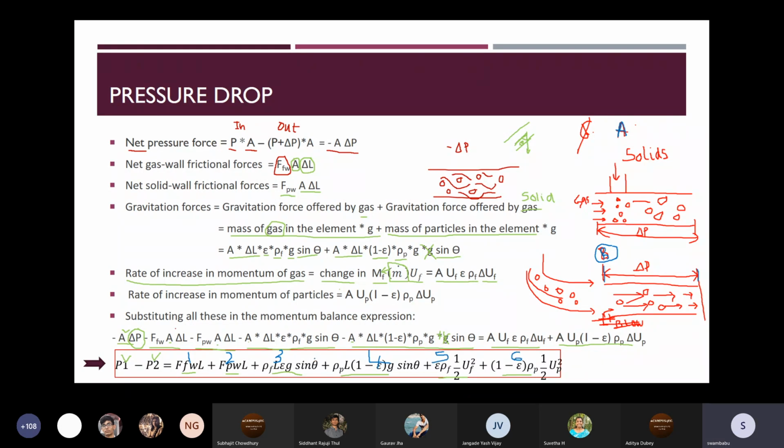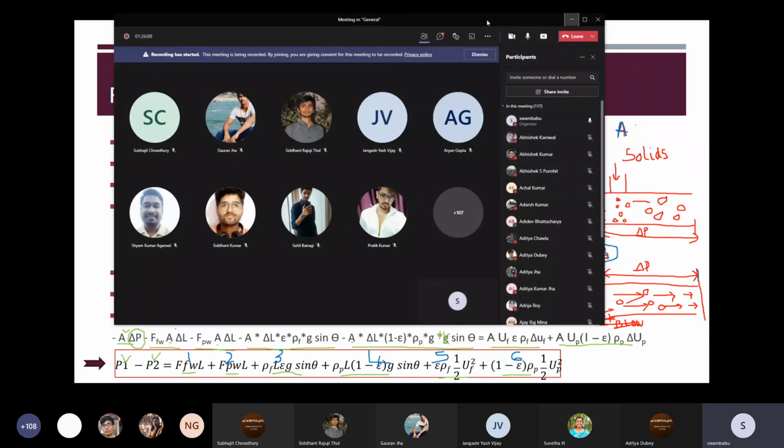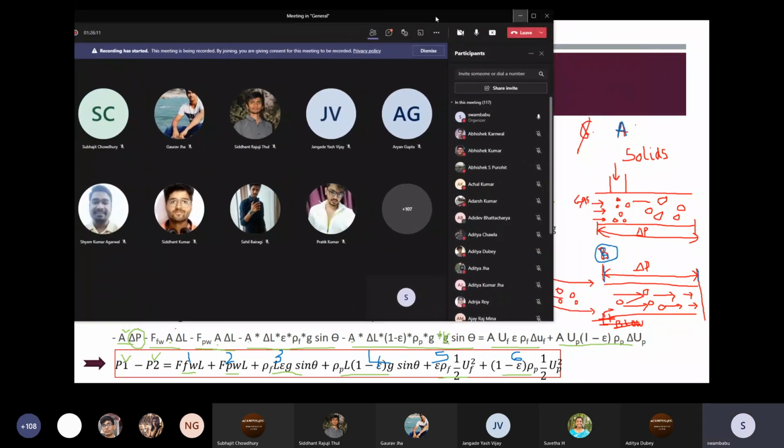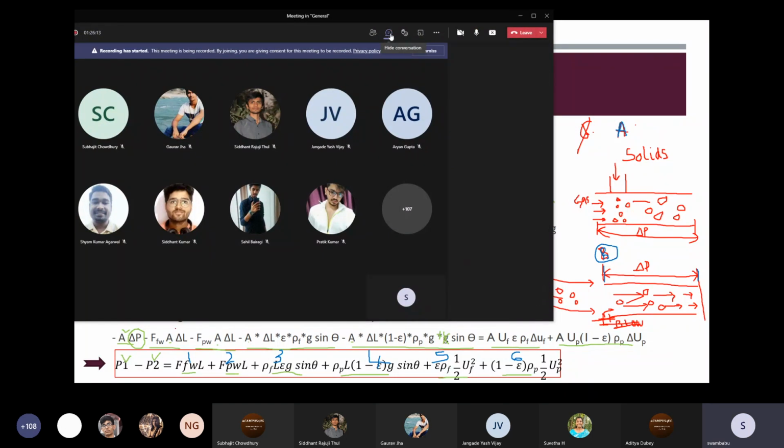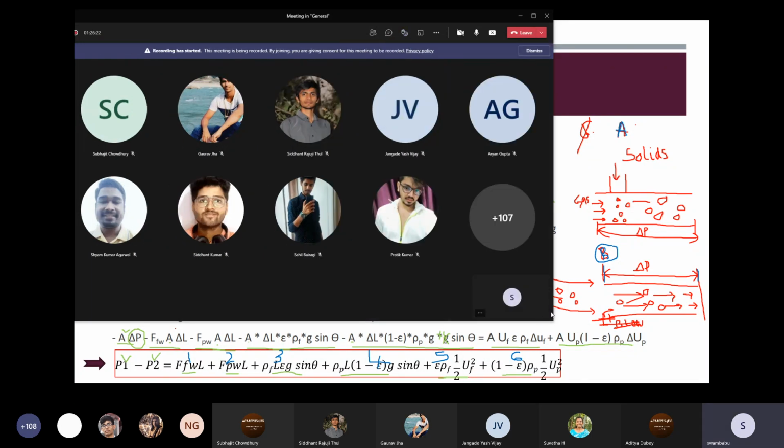Each term has its own significance, which I've explained already. Now, can someone tell me, in case A, what are all the terms I will have to include?